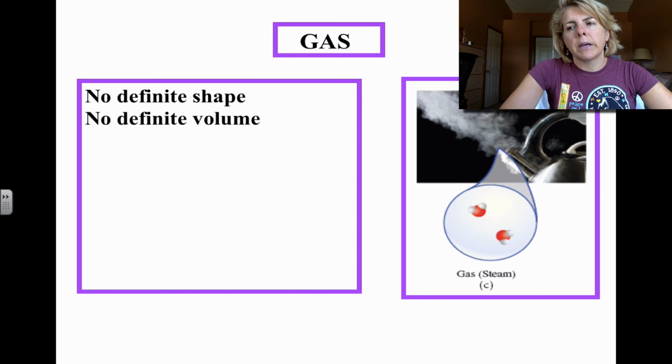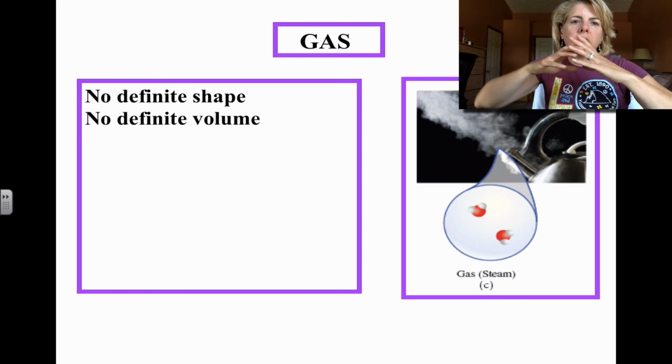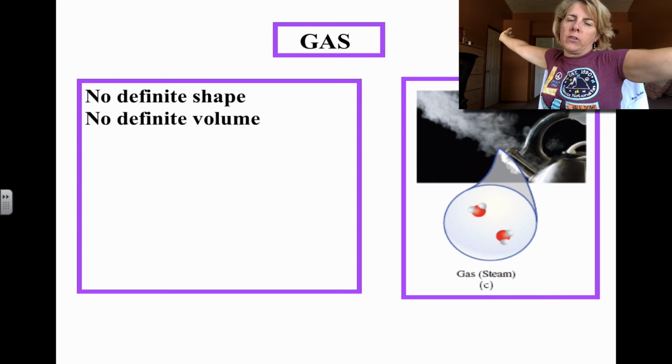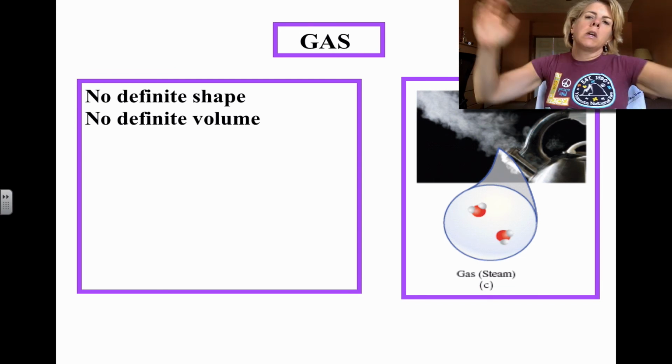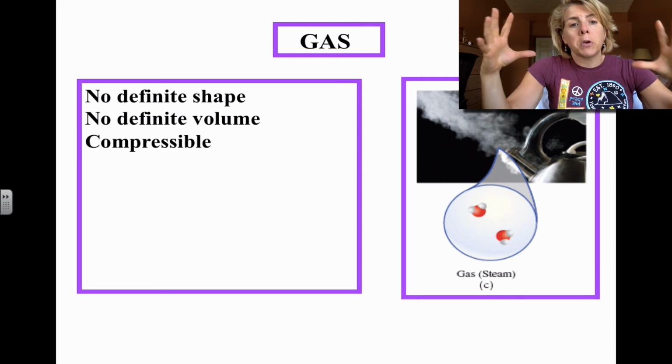I tell a lot of my students, think of it as you have two relatives that don't get along with each other, and they essentially occupy the widest position within the room because they just don't want to be near each other. Gas molecules are the same way. They're compressible.